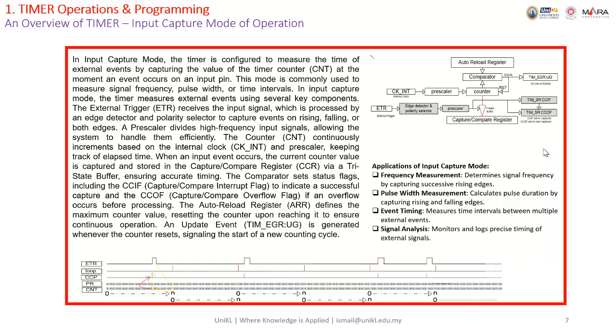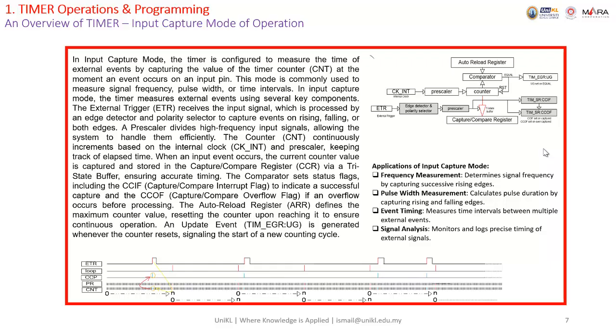After the ETR, the external trigger, which is actually the pin that we can select as the input for the external trigger, depending on the timer that we use, the signal goes to the edge detector and polarity selector. So we can select falling, or rising, or falling and rising, up to us, and then it goes to the prescaler.